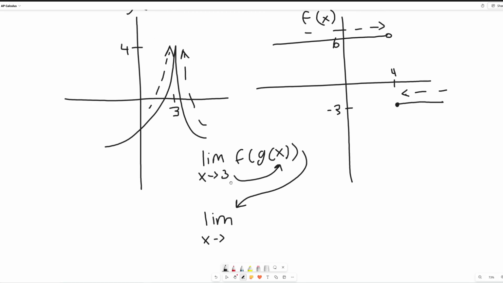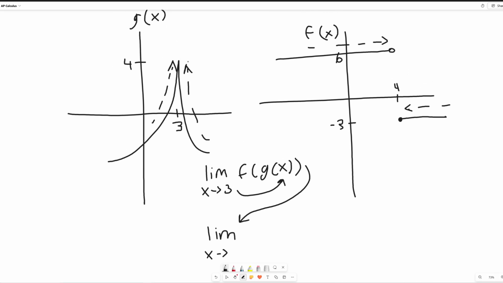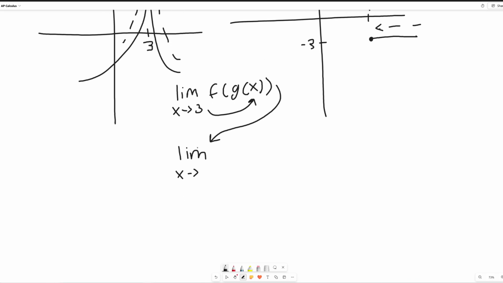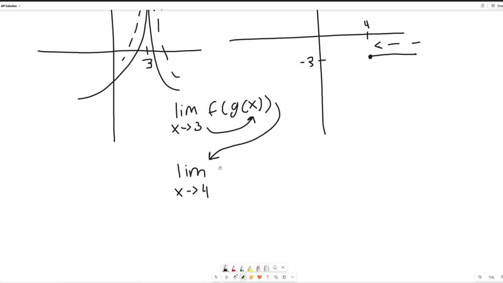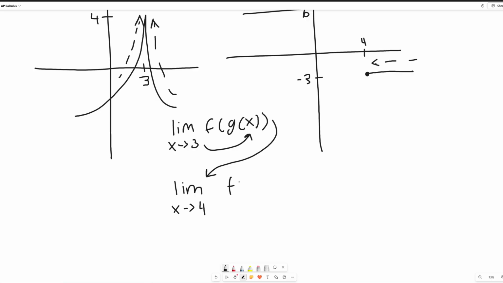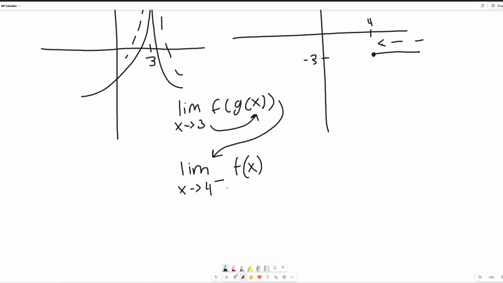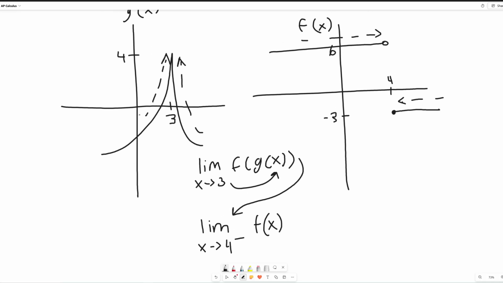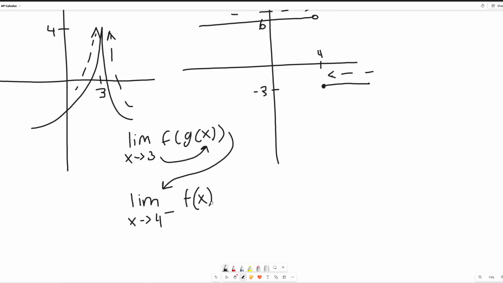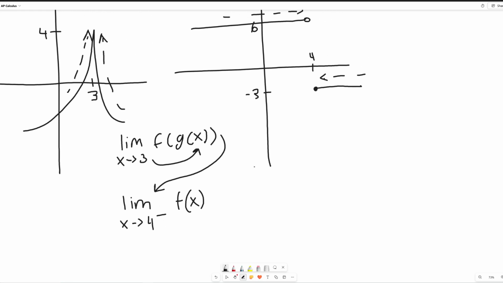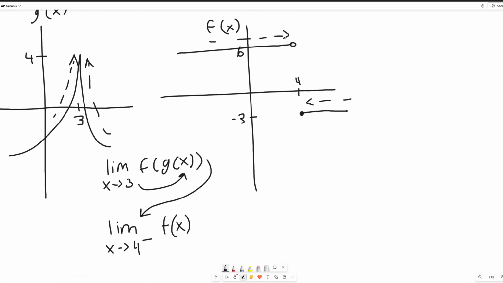So because they're coming from up on both sides, instead of putting the limit as it approaches 4 of f of x, you do it as it approaches 4 from the left, negative. You can think about it coming from negative to positive. And now here, it approaches 4 from the left of f of x. That's 6. This is defined.